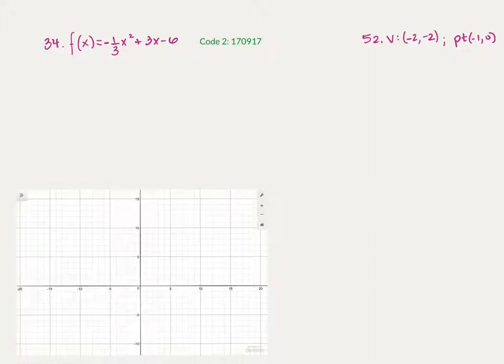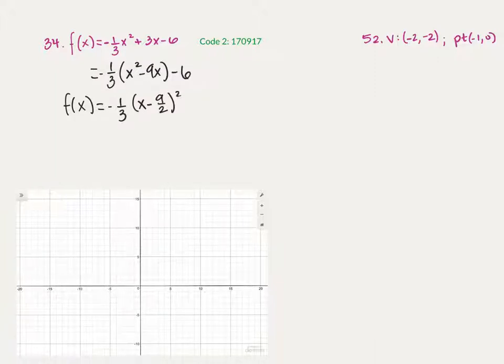So instead, we're going to factor out a -1/3. We get x squared minus 9x minus 6. So I only factor it out of the first two terms, not the last term. And then now I'm going to complete the square. So this is f of x is equal to -1/3 x minus 9/2 quantity squared minus 6.